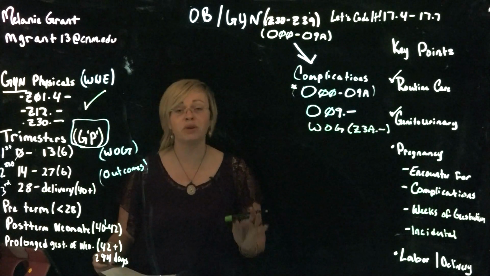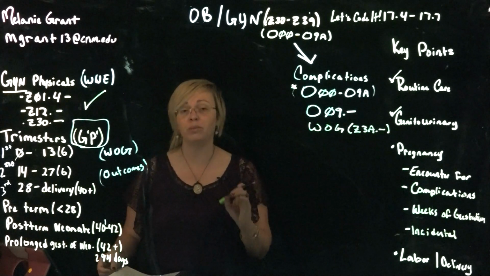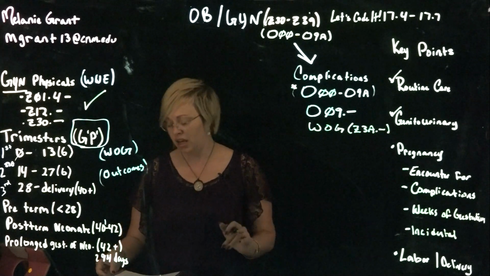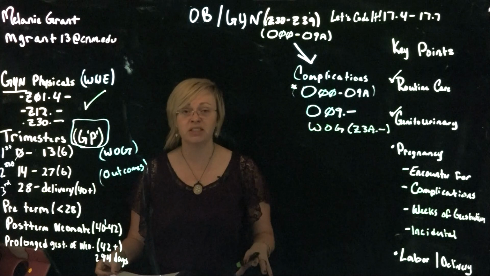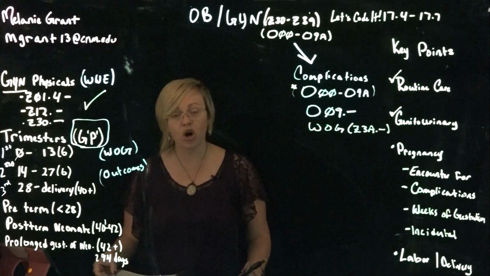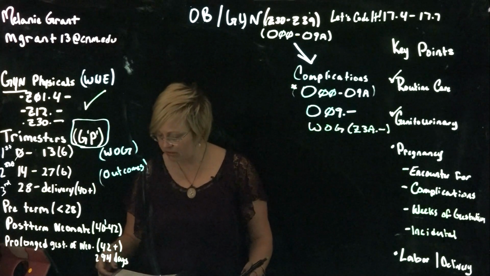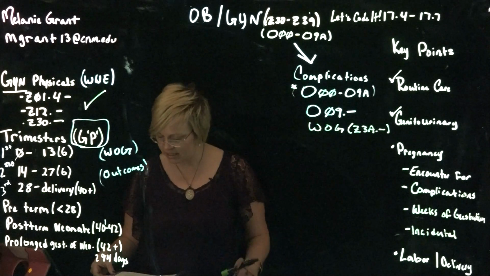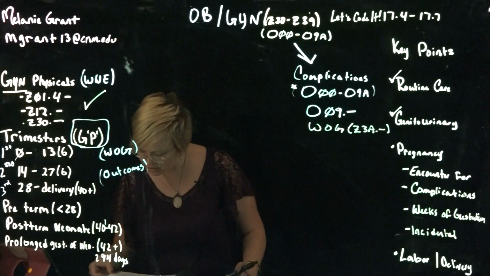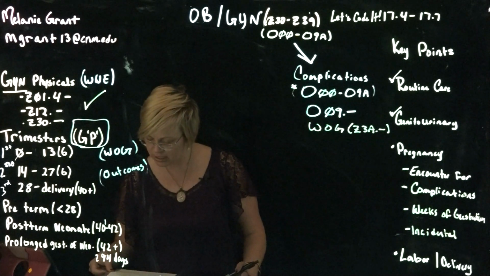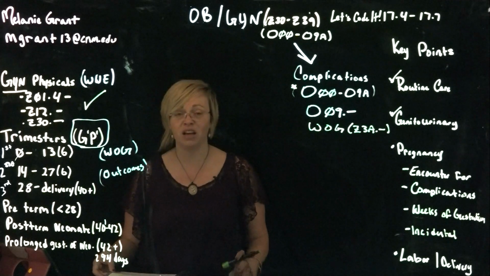If they, however, have pre-existing hypertension with preeclampsia, which is the condition where hypertension affects the baby and mom, then it's O11. So if it's pre-existing and it has this, you'll also notice that it says use additional code from O10 to identify the type of hypertension.